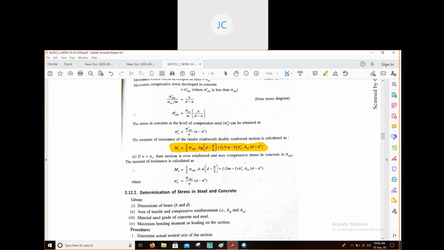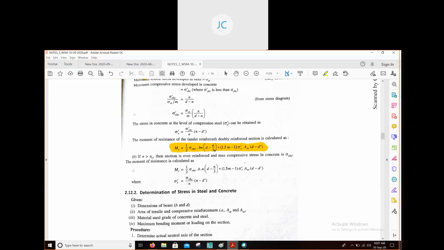This portion is our M1 and this is our M2. M1 plus M2. What is the difference between a singly reinforced beam and a doubly reinforced beam? In the doubly reinforced beam, you are providing reinforcement in the compression zone also.